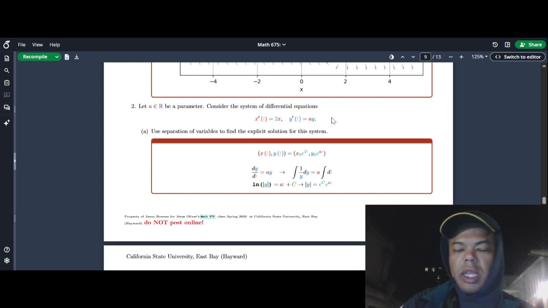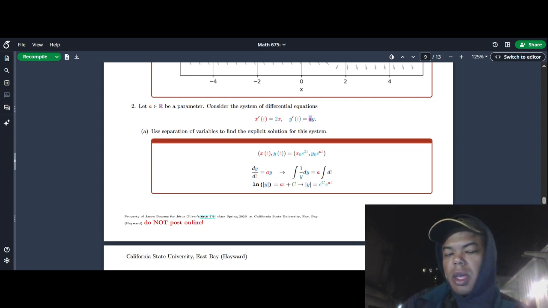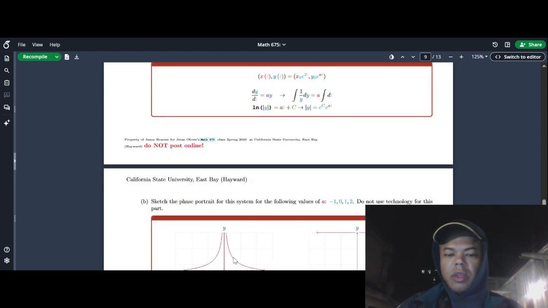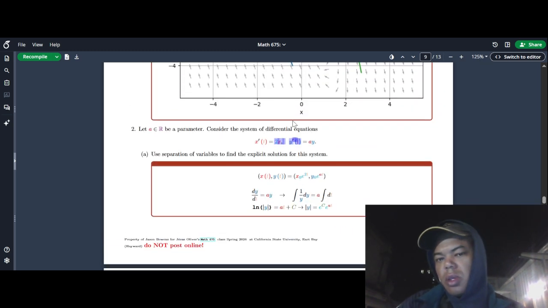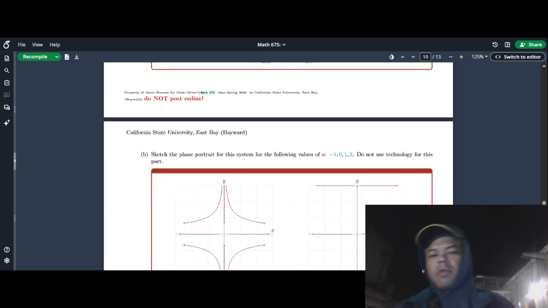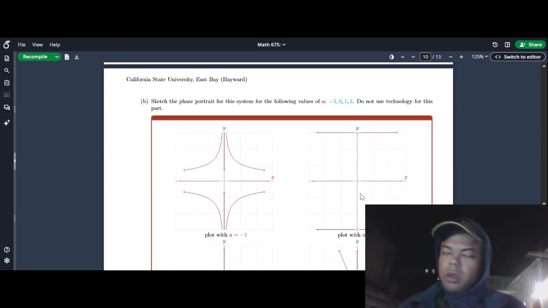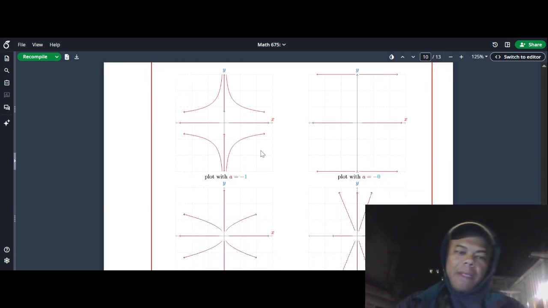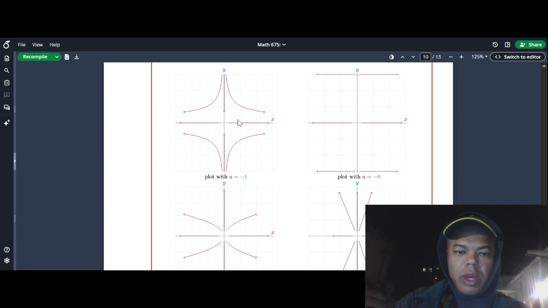And you can see that if a is negative, these two have different sign, and that will give us a saddle. And if a is positive, we will have unstable nodes. Our nullclines are the x-axis and the y-axis.